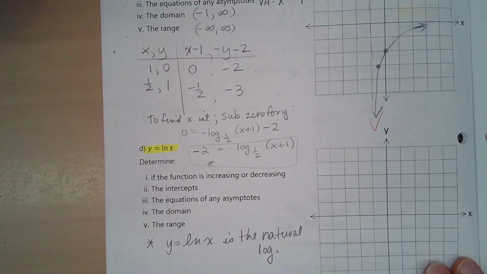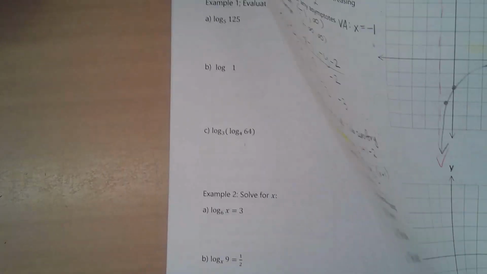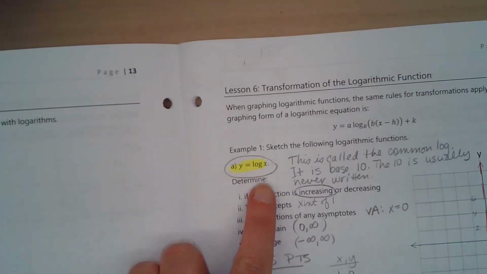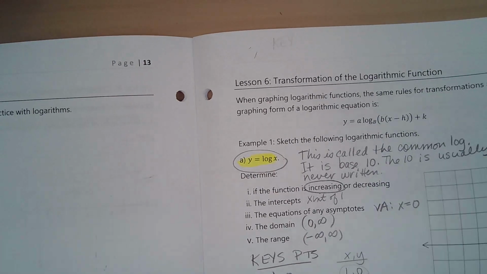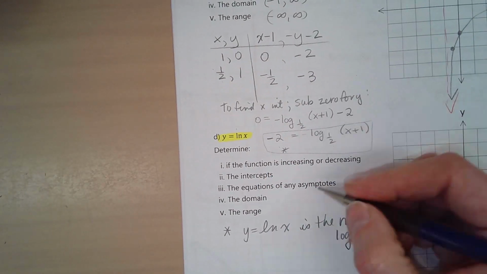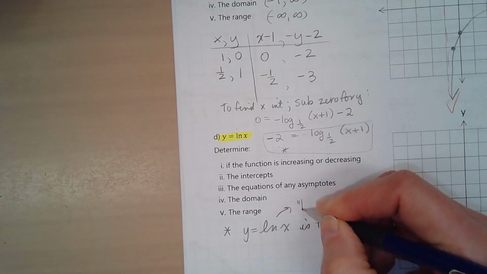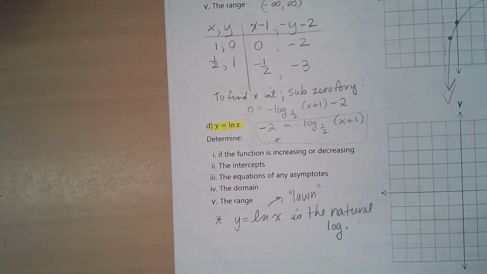Okay. When we had the last page over, remember when we started this whole graphing process? If there's no base given, it says log with no base, it's base 10. If you see the ln, and by the way, it's pronounced lawn, like your front lawn, okay?